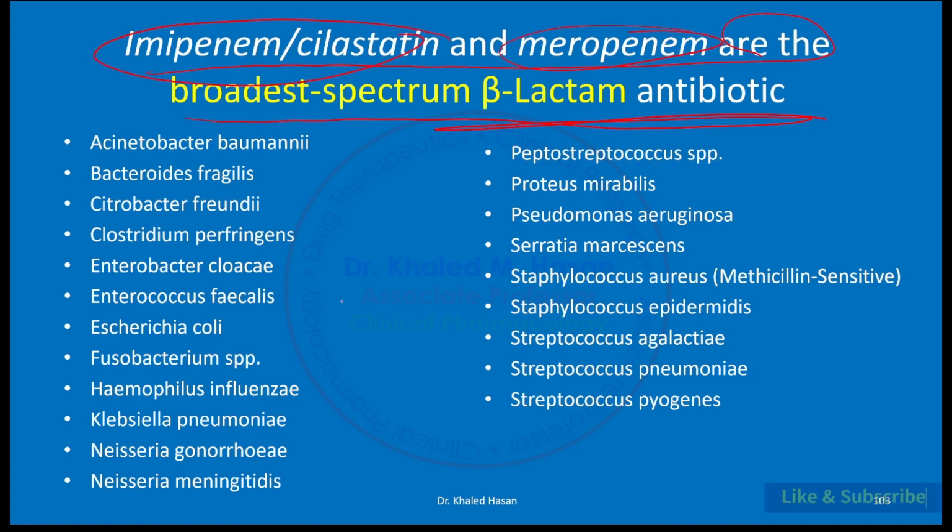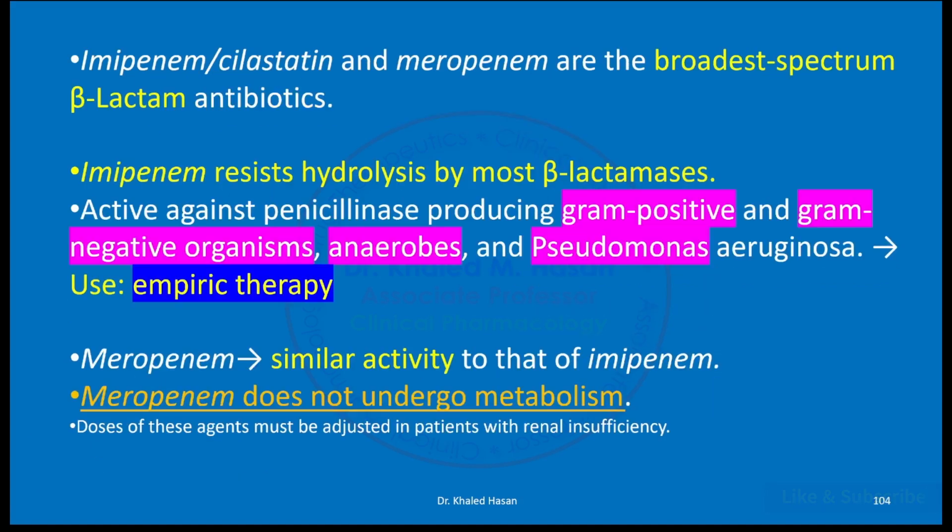As you can see here, all these bacteria will be covered by imipenem and meropenem. For this reason, meropenem and imipenem are considered broadest spectrum antibiotics.